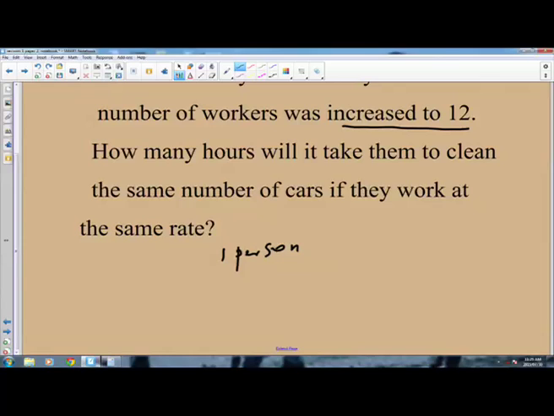One person will take 5 times 6. This will give you 30. This simply means one person will take 30 hours. And then what about 12? 12 workers will take 30 divided by 12.